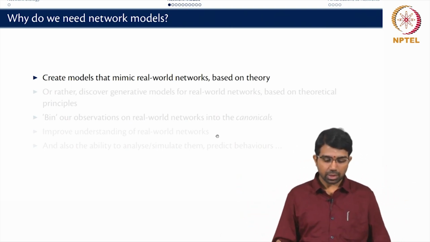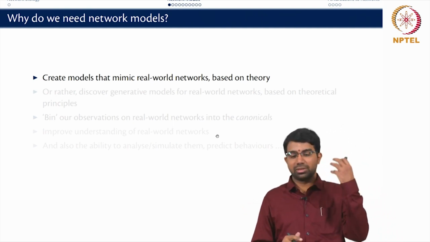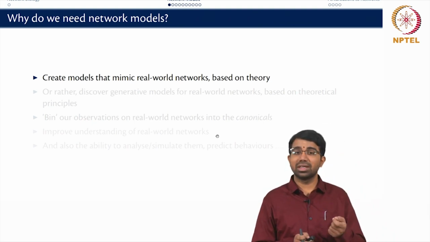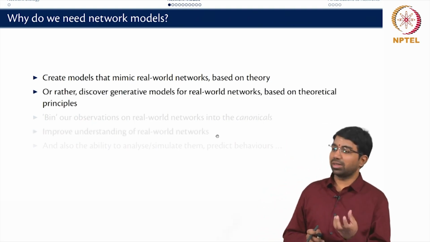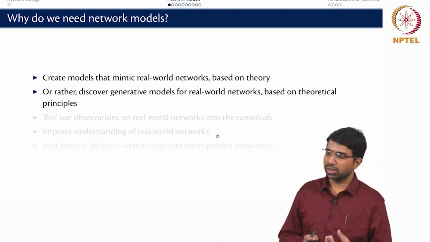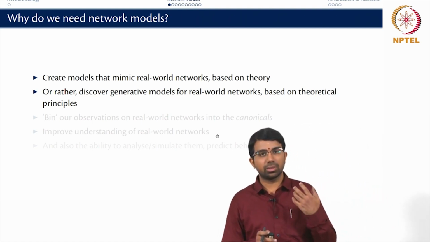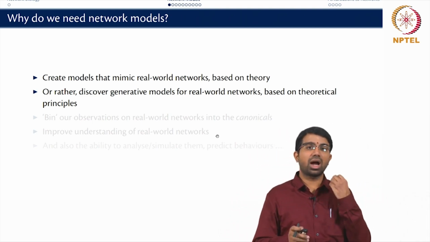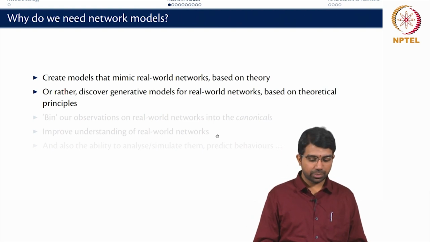Essentially, as we have always mentioned, the highest goal would be to glean out some design principles, or the generative model for a particular type of real network, be it a gene regulatory network or a protein interaction network or a metabolic network. What is the underlying principle for generating that kind of network?